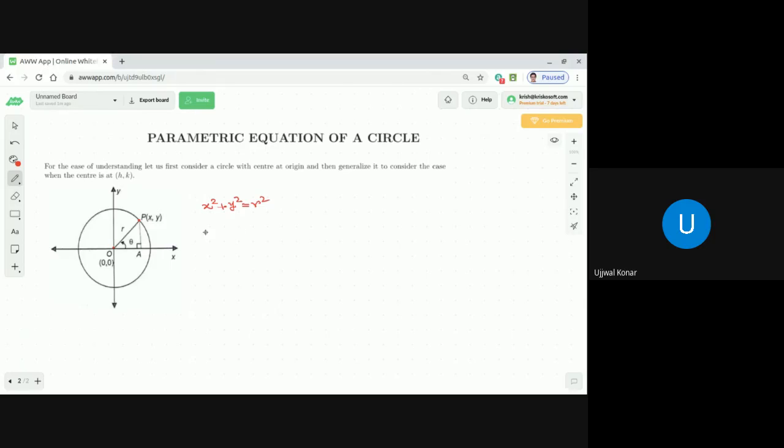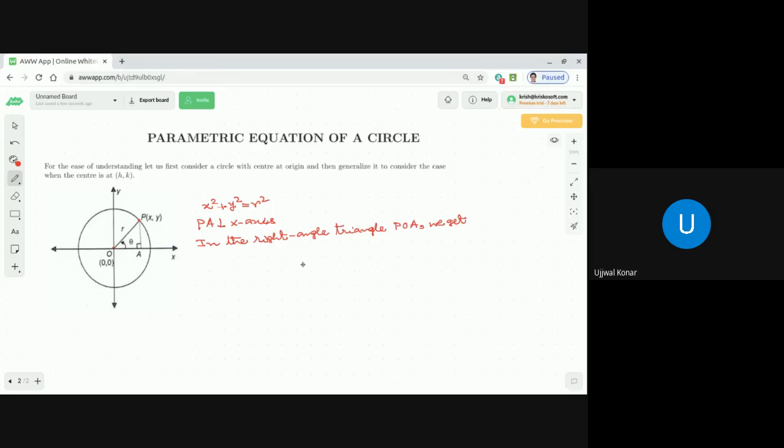PA is perpendicular to the x-axis, correct? So in the right angle triangle POA, we are going to get x equal to r cos theta.